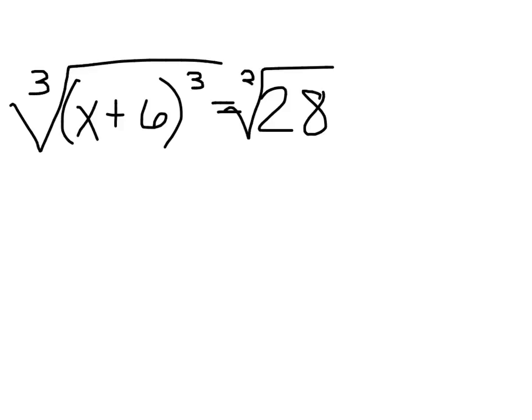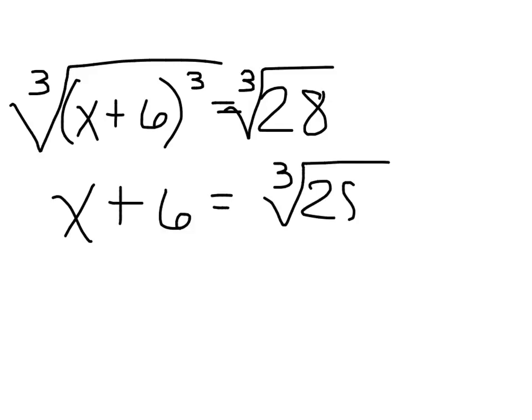Now, the cube root of 28 is not user-friendly. But it is one thing, and that is it's only positive. When you cube root, 5th root, 7th root, when you odd root, if it's a positive underneath there, it's a positive. If it's a negative underneath there, it's a negative. It's not plus or minus when you odd root it.